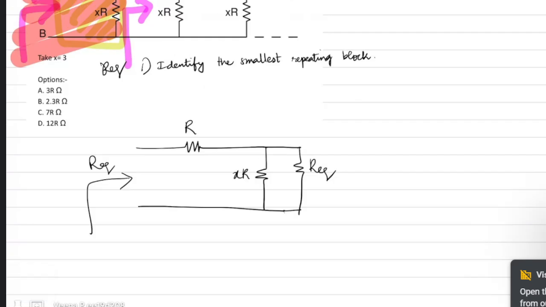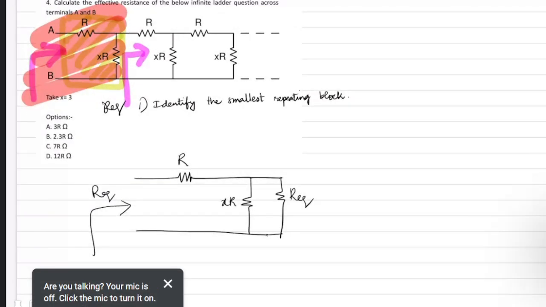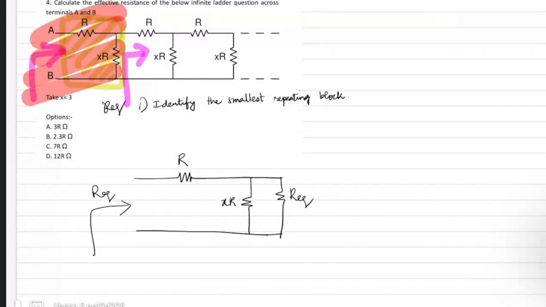Okay. So this is the most crucial step in an infinite ladder problem. You identify the smallest repeating branch, you draw that branch, and then you add the equivalent resistance to it.